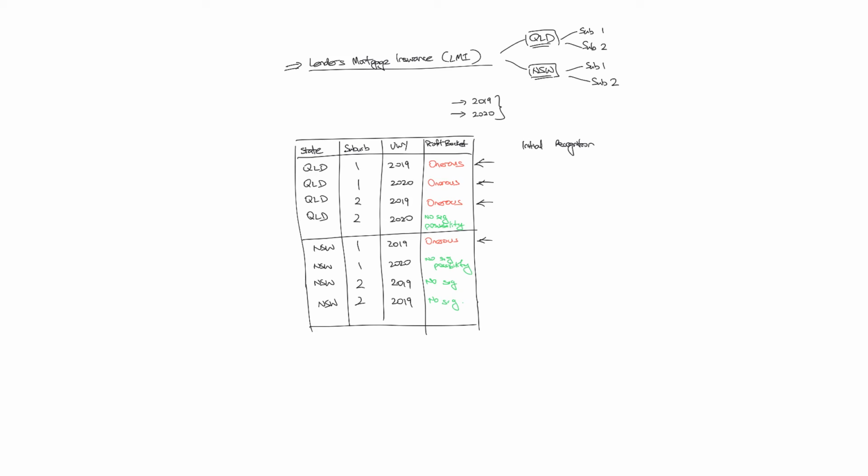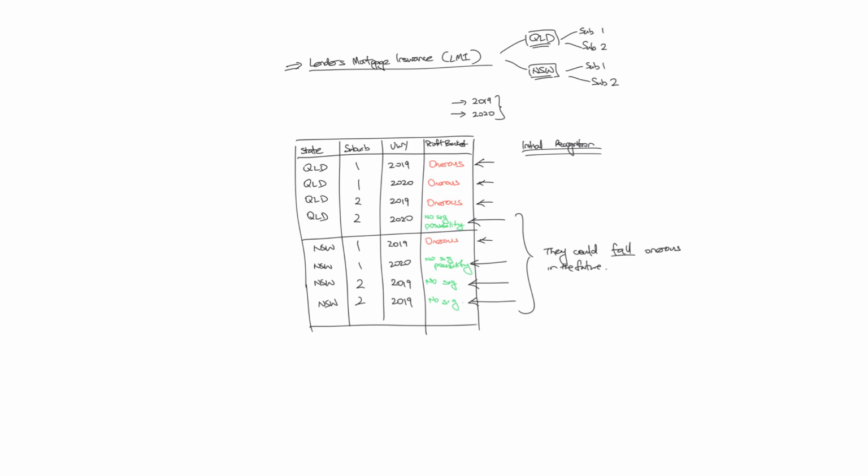Now, these groups where we're saying there's no significant possibility, they could fall onerous in the future. Okay, so right now at initial recognition, they're not regarded as onerous, and we don't think that there's a big chance that they're going to fall onerous, but they could fall onerous in the future.